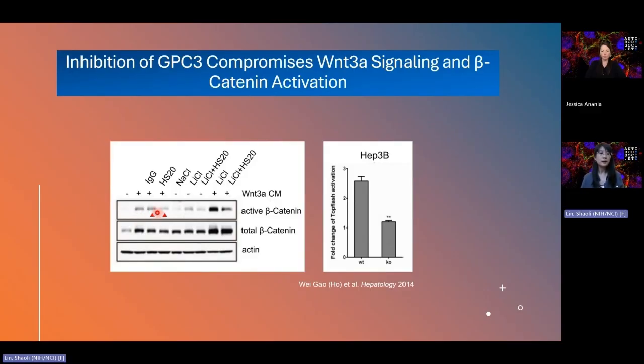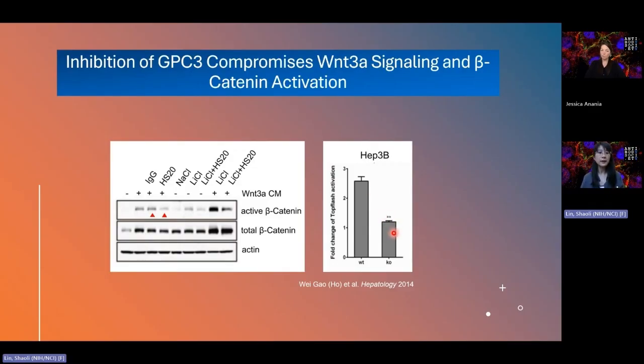However, when we inhibit GPC3 with our HS20 antibody, we see a decrease of active β-catenin here, indicating that GPC3 should be responsible for the activation of β-catenin. Also, when we knock out GPC3 in the liver cancer cell line, we see a decrease in the Wnt signaling here.